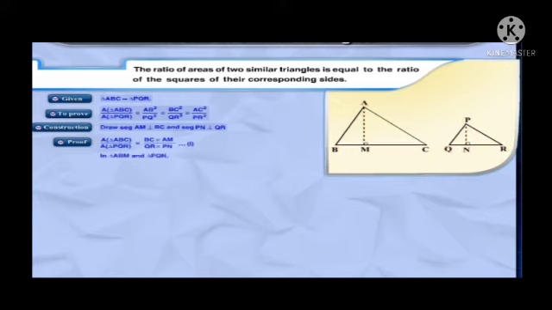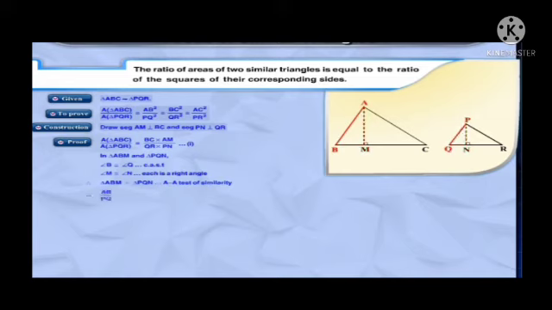Let us consider this as 1. Now in triangle ABM and triangle PQN, we get angle B is congruent to angle Q, corresponding angles of similar triangles. Angle M is congruent to angle N, each measuring 90 degrees. Therefore, triangle ABM is similar to triangle PQN by angle test of similarity.